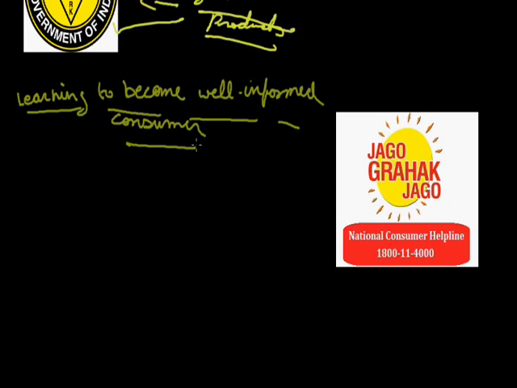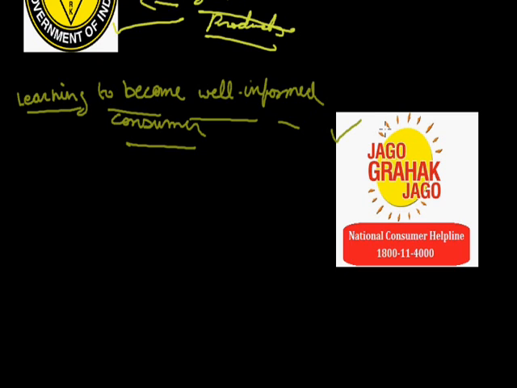Somewhere the enactment of COPRA has led to the setting up of separate departments of consumer affairs in central and state governments, which release different types of posters and other information about the legal process, like the Jago Grahak Jago.